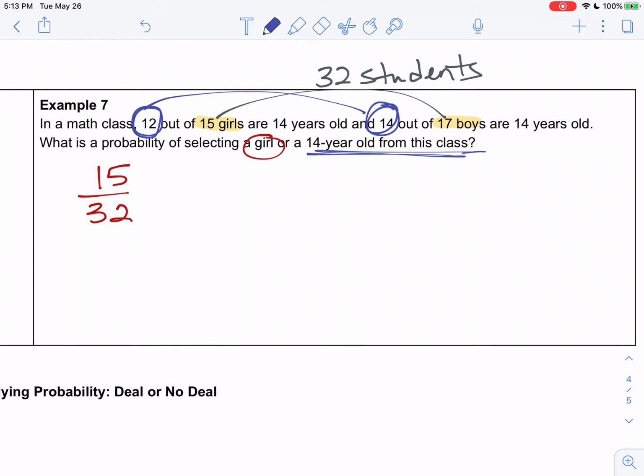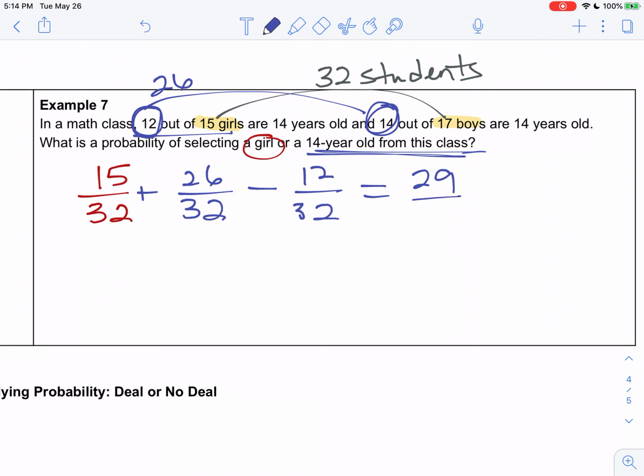So altogether, that is 26 14-year-olds, so plus 26 out of 32. But then I need to subtract the likelihood that we have a 14-year-old that is also a girl. So that would be 12 of those girls out of 32. Then I add this all up: 15 out of 32 plus 26 out of 32 minus 12 over 32 gives me 29 out of 32 as my probability of selecting a girl or a 14-year-old from the class.